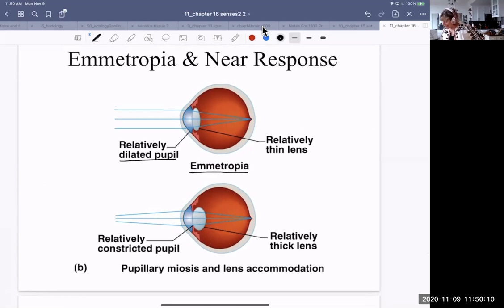If something is close up, so this is something far away, this is something close up, the pupil is relatively constricted. So that stops blurry edges from occurring. It's a spherical aberration. When light enters the eye, if the pupils are very large, it may appear blurry.